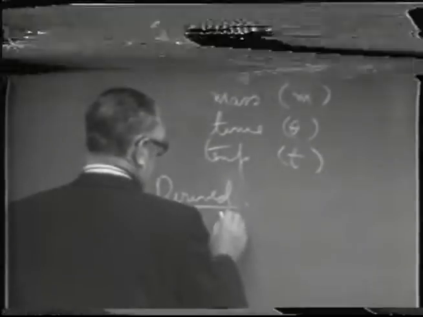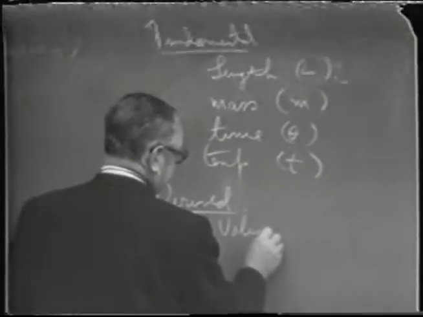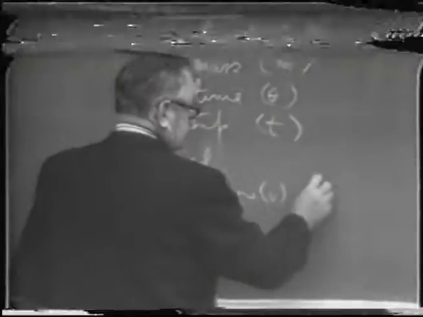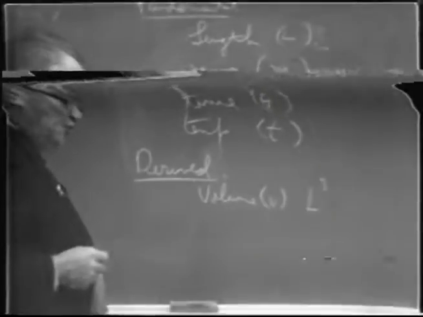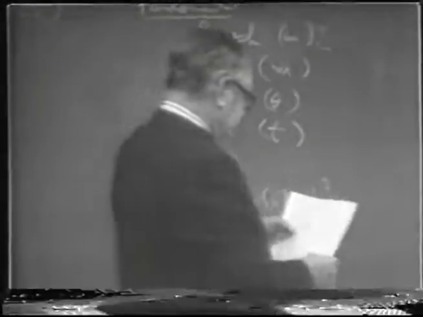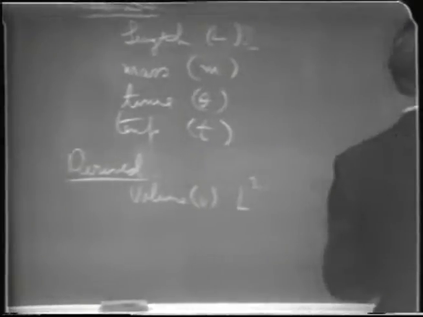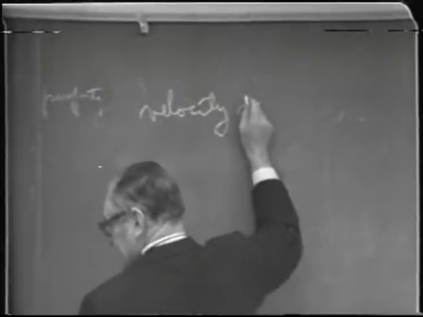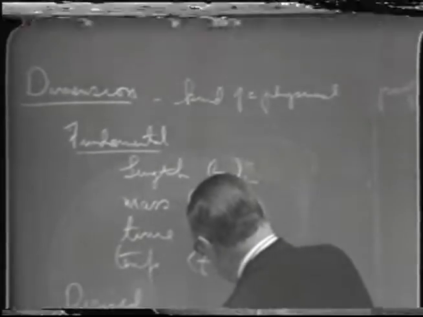And for example, we have volume, which has the dimensions of length cubed, and any number of things we could write down. Velocity, small v. I intend to write a capital V here just to make it different.